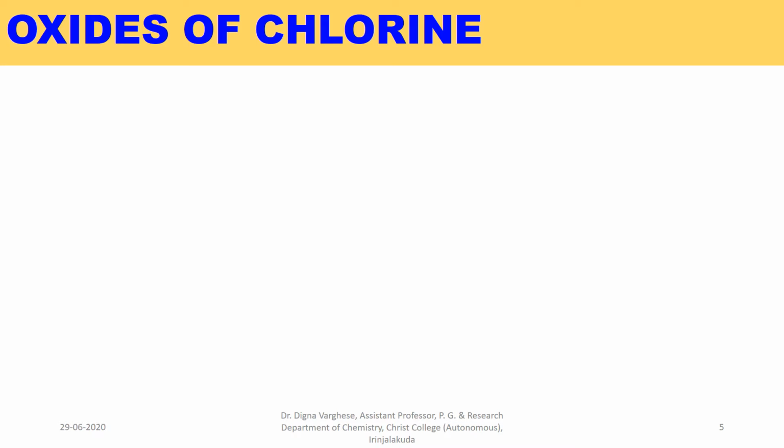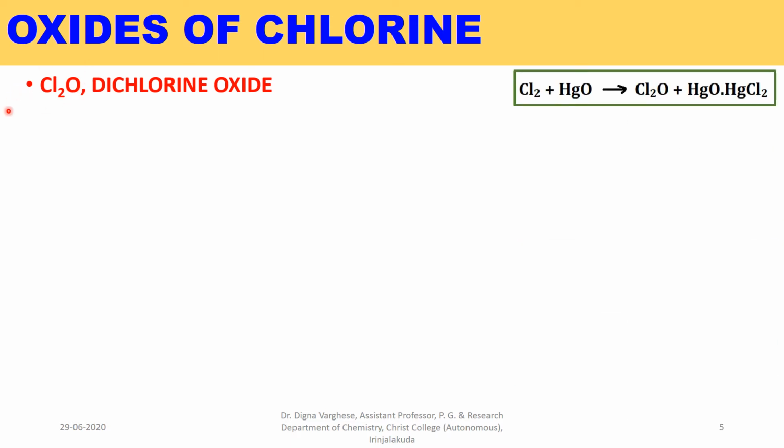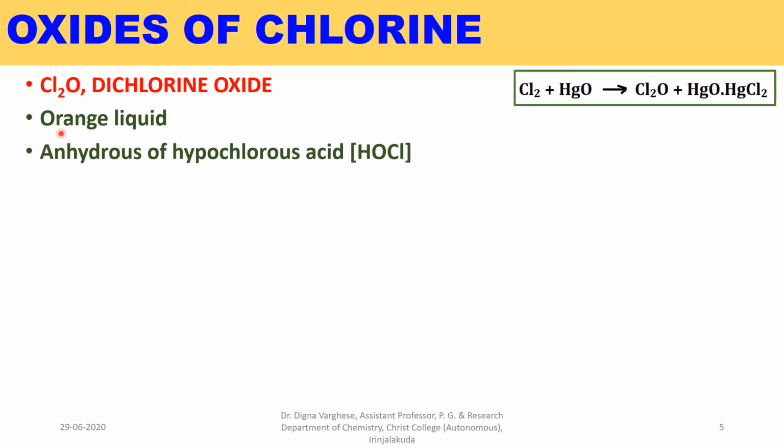Oxides of chlorine. First one is dichlorine oxide. Its molecular formula is Cl2O, and it is prepared by passing chlorine gas on freshly precipitated mercuric oxide, forming dichlorine oxide. It is an orange liquid. It is also known as the anhydride of hypochlorous acid, HOCl.